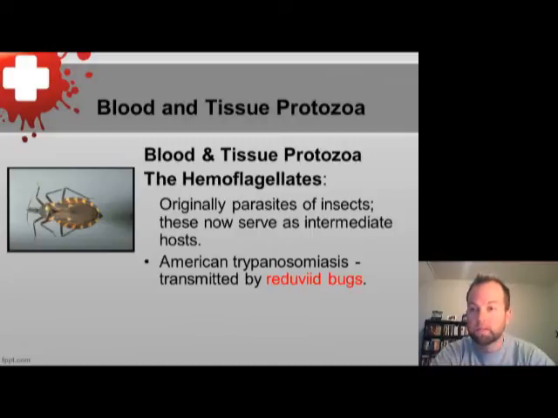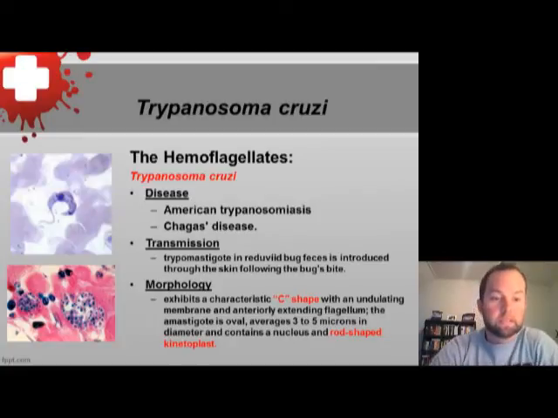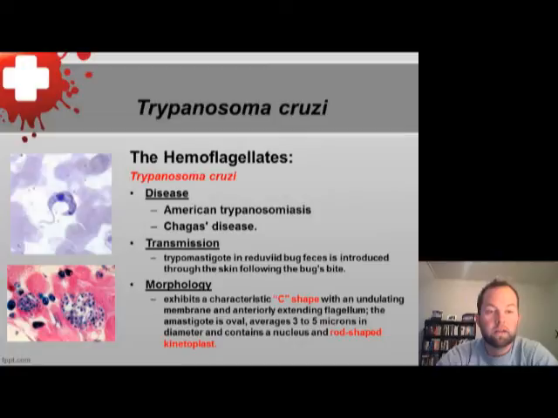The results of the T. cruzi infection in humans produces American trypanosomiasis, or Chagas disease. Again, the bite of the reduviid bug does not transmit the disease. It's from the contaminated feces being scratched into the bite site, resulting in American trypanosomiasis, also known as Chagas disease.